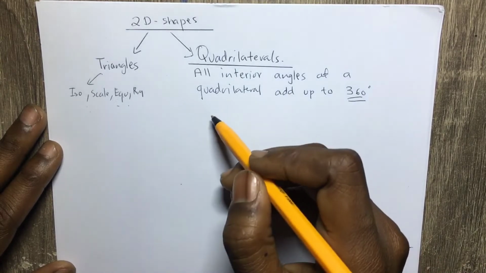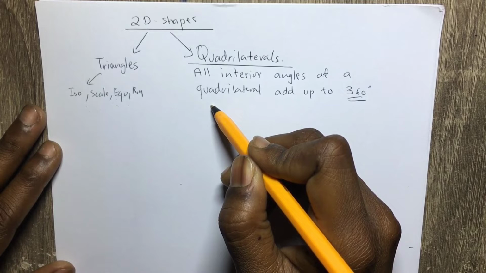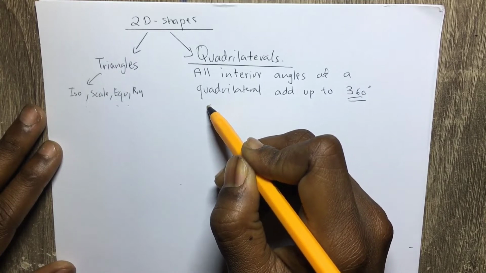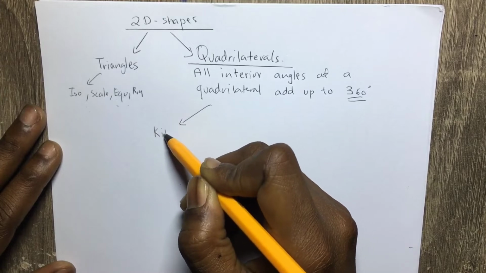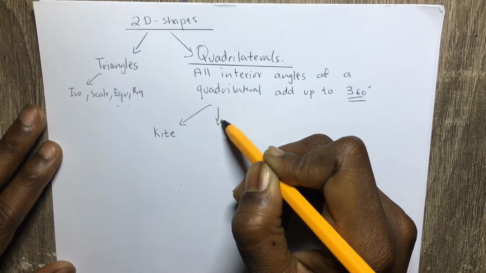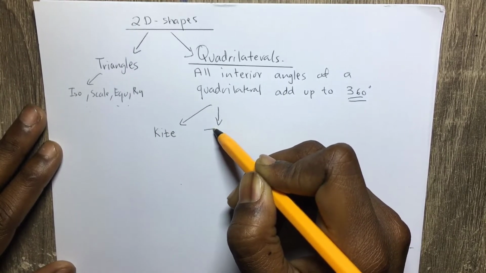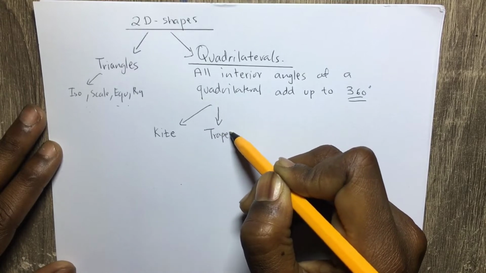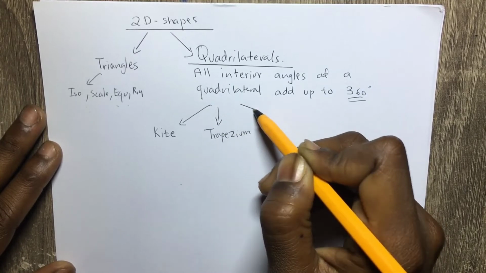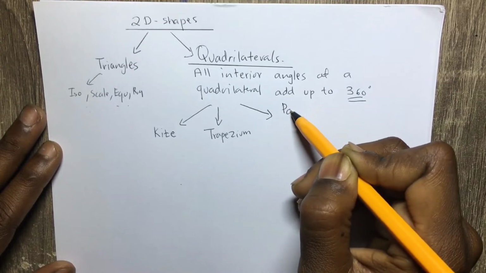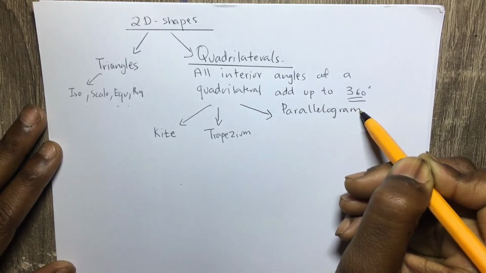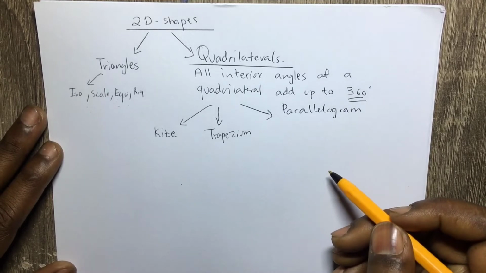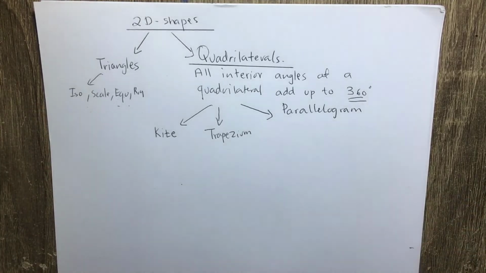Number 1, a kite. Number 2, a trapezium. And then we've got the main one, a parallelogram. A parallelogram is a shape on its own, but it's also the mother shape of the following.